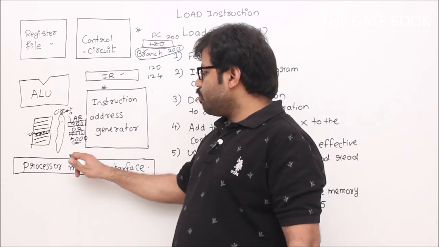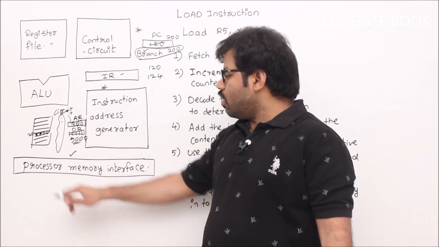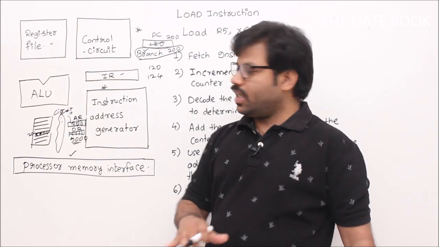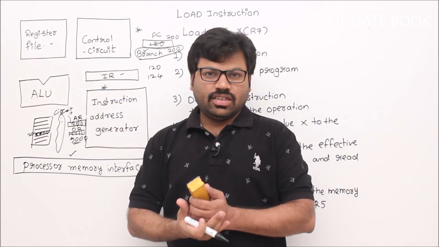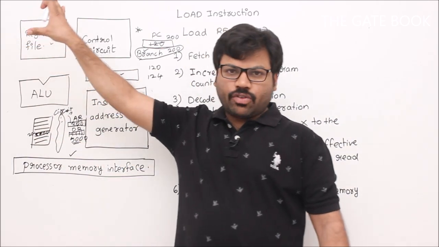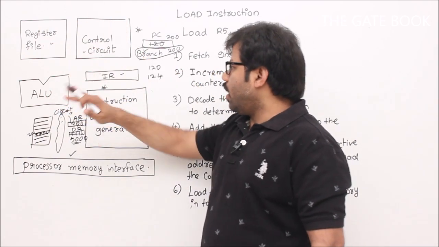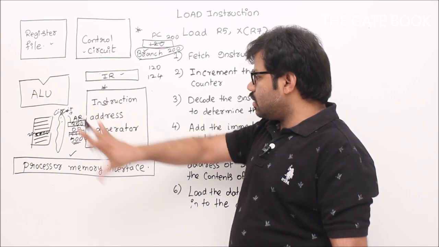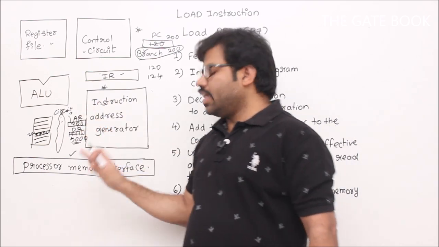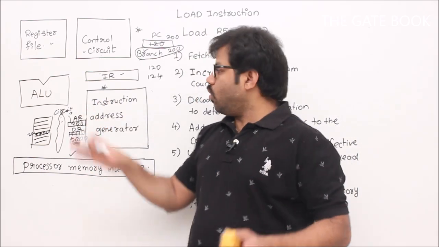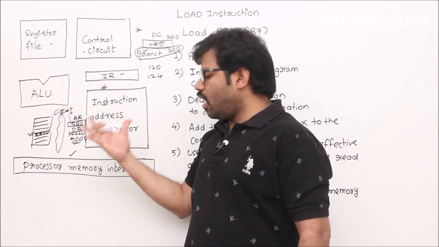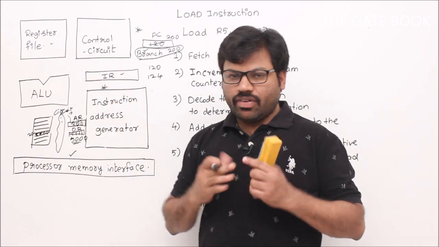That's why we have a separate circuitry called the processor memory interface. Finally, these are the essential things: CPU registers, control circuit, ALU, instruction register, instruction address generator, and processor memory interface. Using only these, I can say the hardware will be executing our instructions.